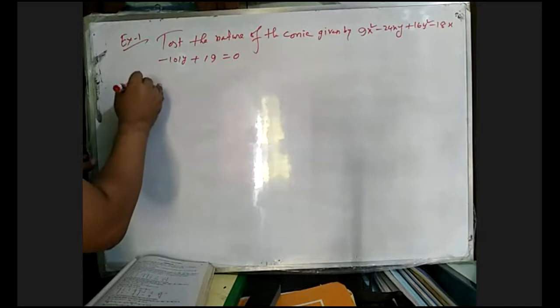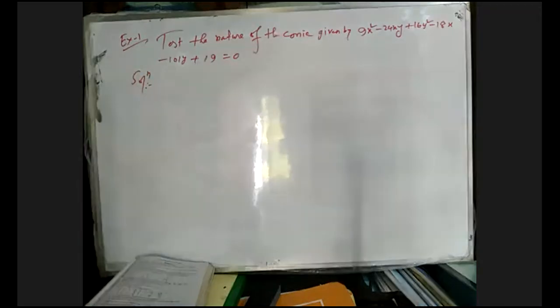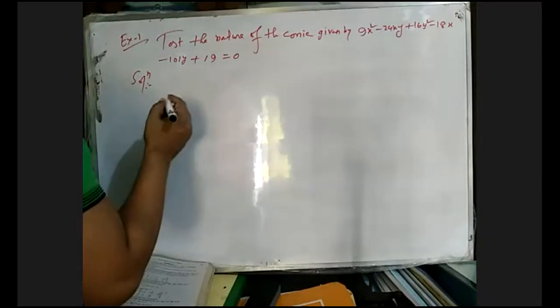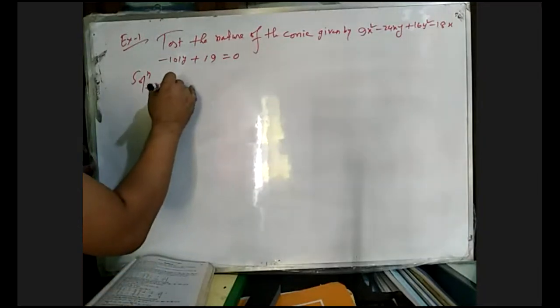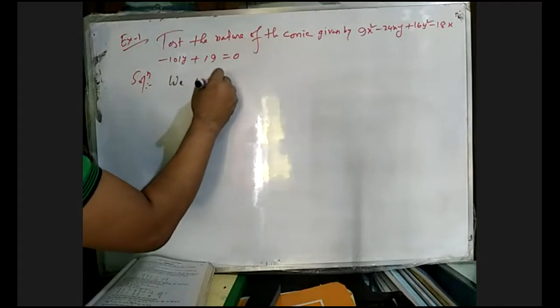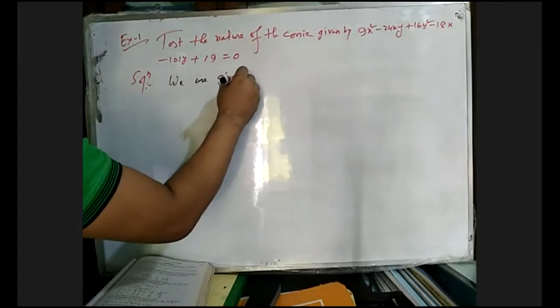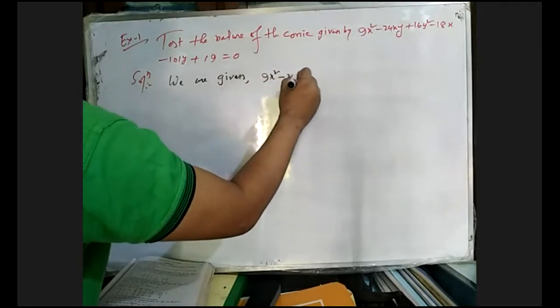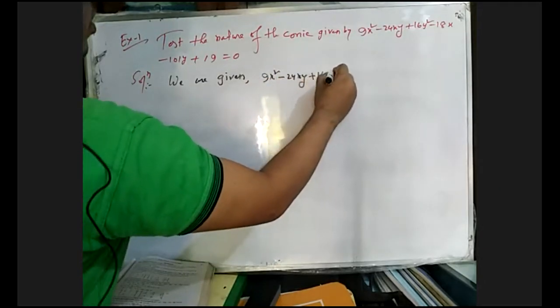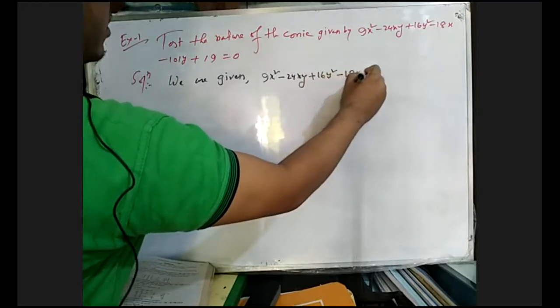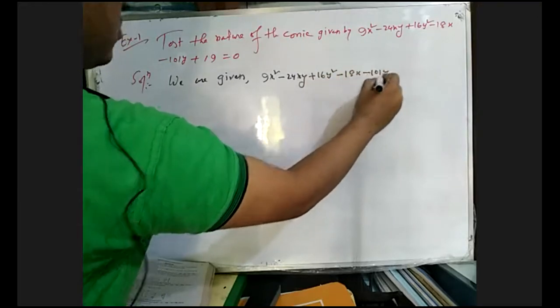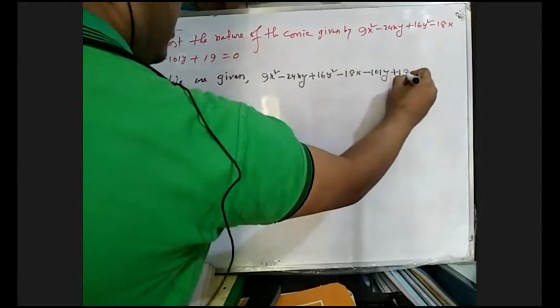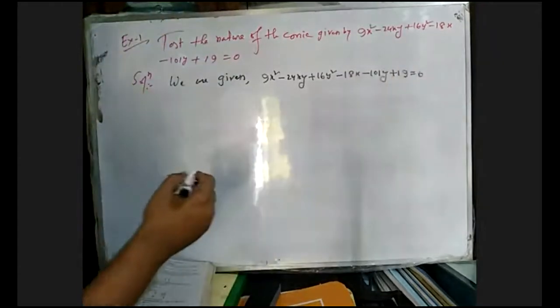So, solution: we are given 9x square minus 24xy plus 16y square minus 18x minus 101y plus 19 equals 0.